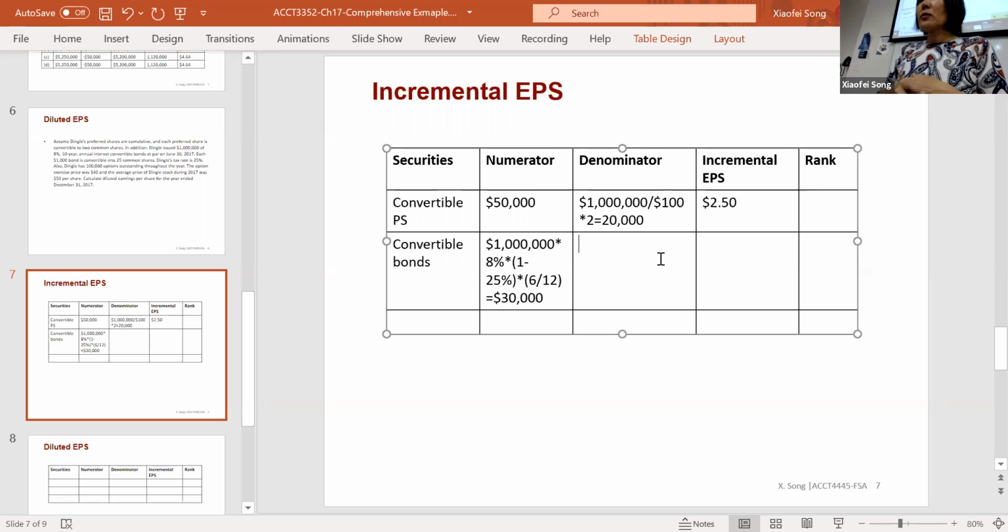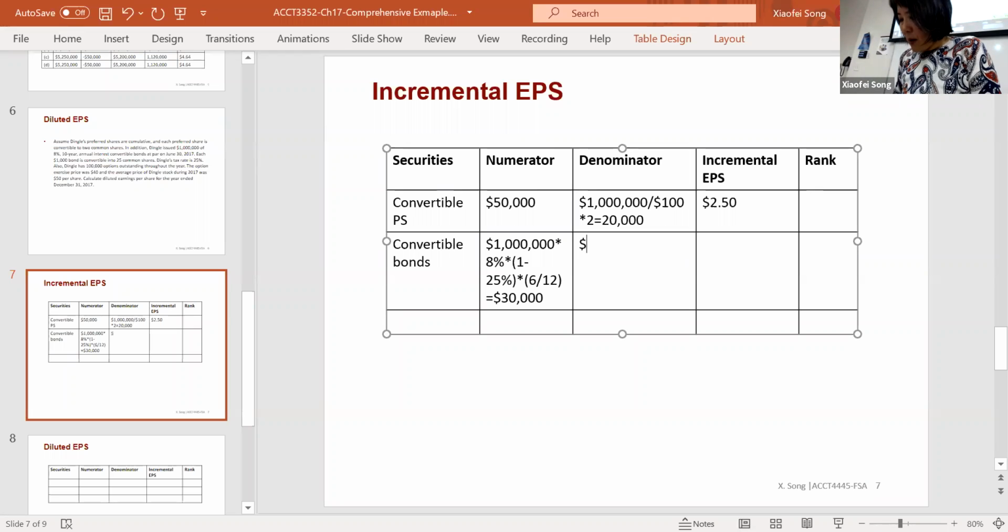So that's the numerator impact of the convertible bonds, $30,000 after-tax interest. Then the denominator: each bond is convertible into 25 common shares.